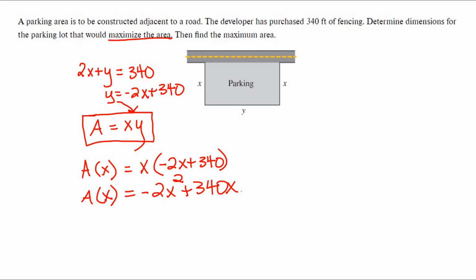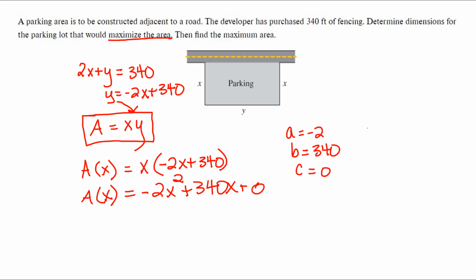Because once you figure out what x is, you can figure out what y is. It's going to have two equal sides, and then whatever's left will be the y. And so we can just find the vertex of this parabola. There's no constant with this parabola. It's okay, that's just 0. So our a is negative 2, our b is 340, and c is 0.